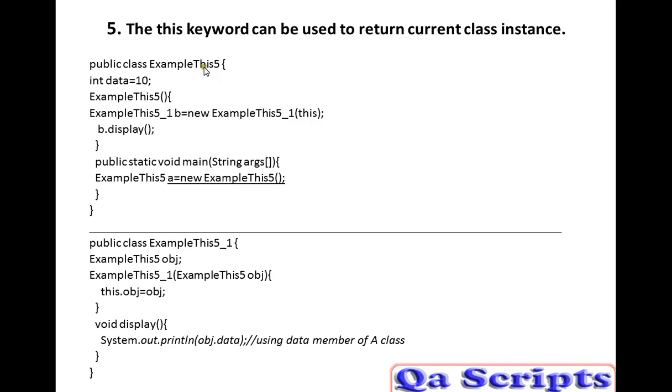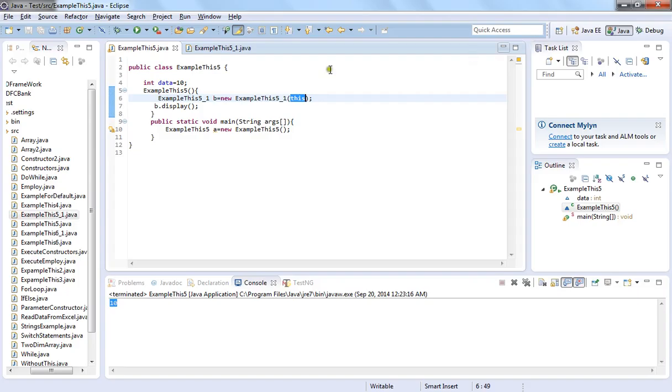That's why it says the this keyword can be used to return the current class instance. This is the current class instance. Based upon the current class instance, I can get the data in another class, but you have to use the this keyword as a parameter to that class.